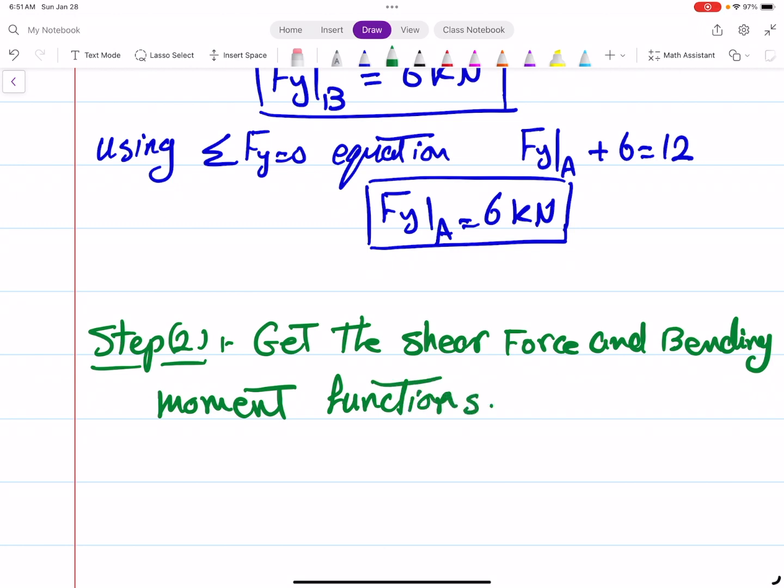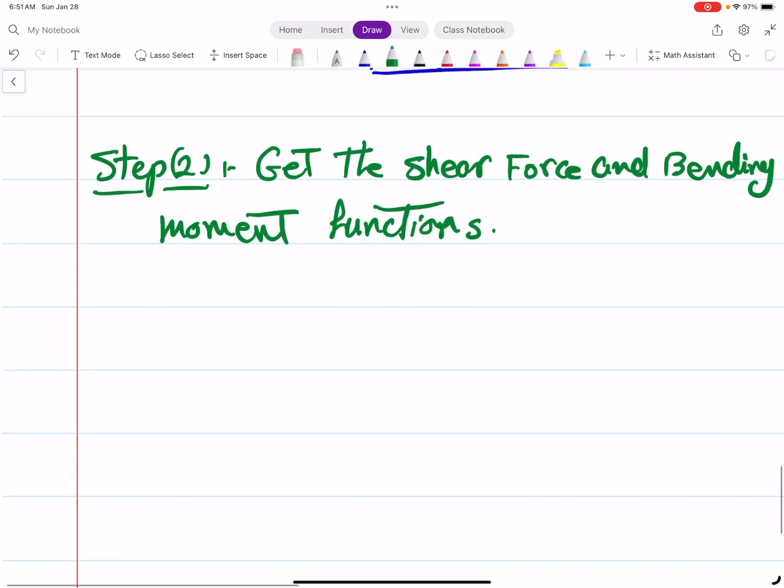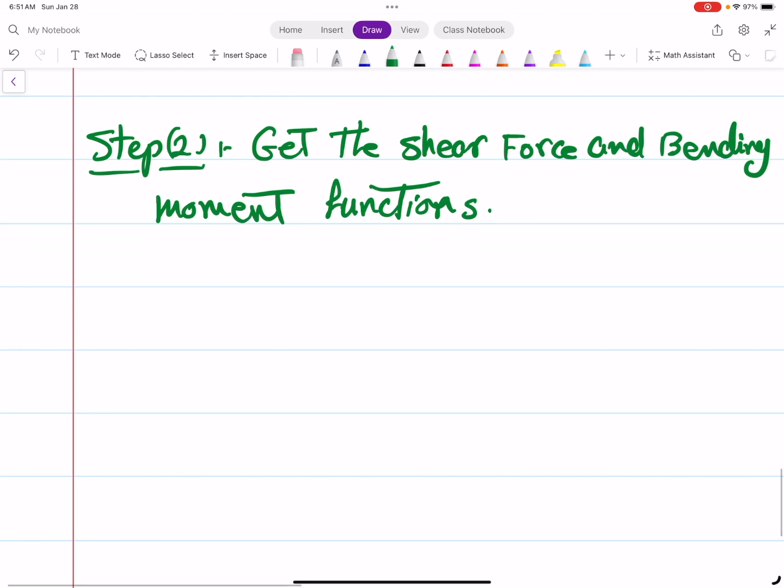Step 2. How can we do this? By making a cut in the beam and seeing what is the function of both the shear force and bending moment diagram.